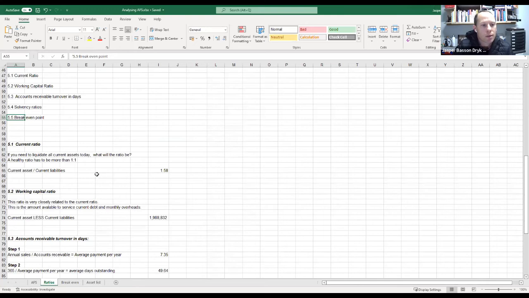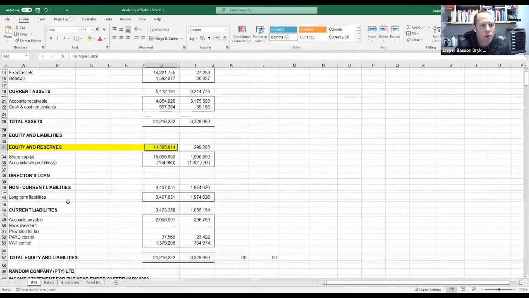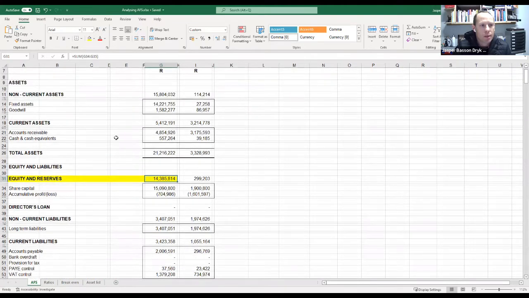Right, so the current ratio. What does that mean for me? It means that if I need to liquidate all my current assets and liabilities today, what would be the net effect? It's only the working capital, current assets and liabilities. Let me go to the balance sheet again. It would be your current assets: accounts receivable, the cash in the bank, and potentially stock if you have inventory.